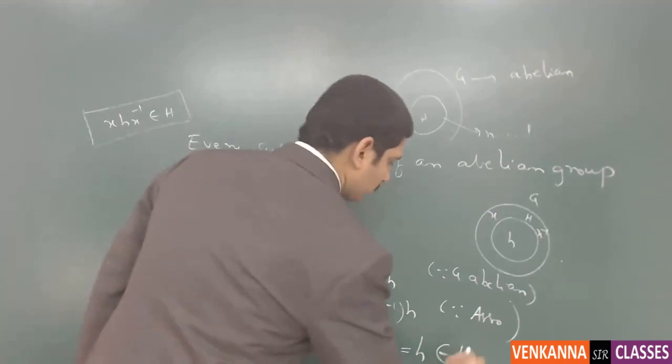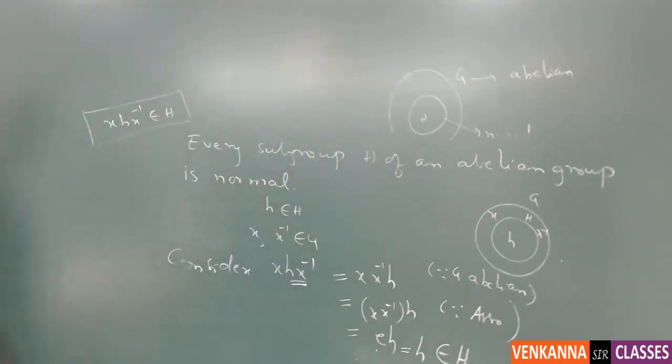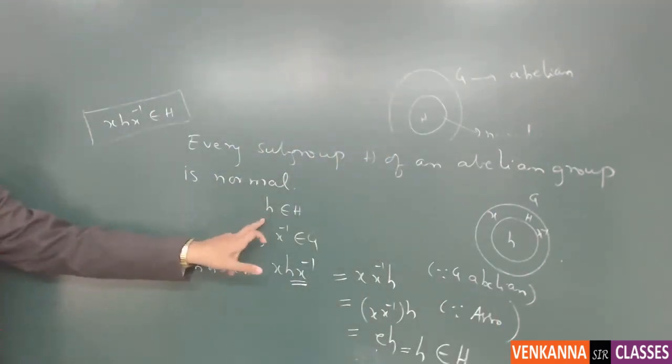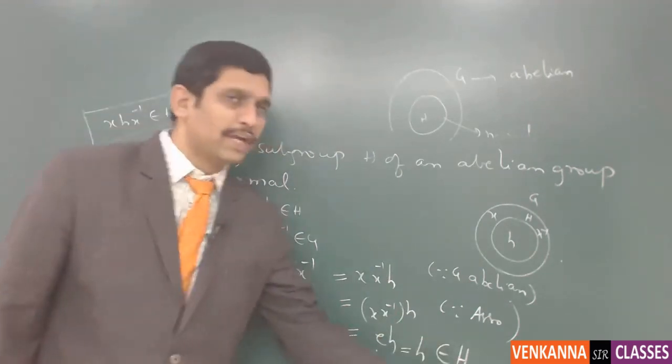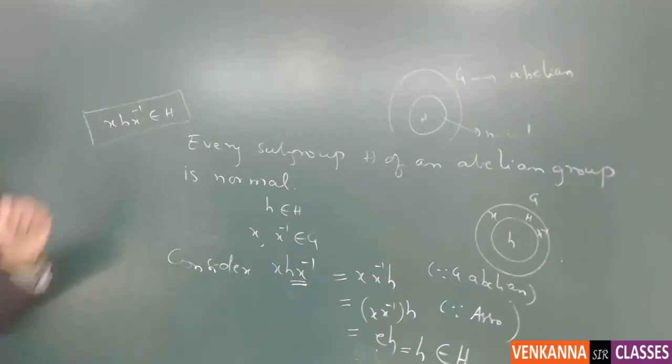So this value belongs to H, as you have taken h belongs to H. Therefore x h x inverse belongs to H. Therefore H is a normal subgroup of G. Okay? Take a note of that.